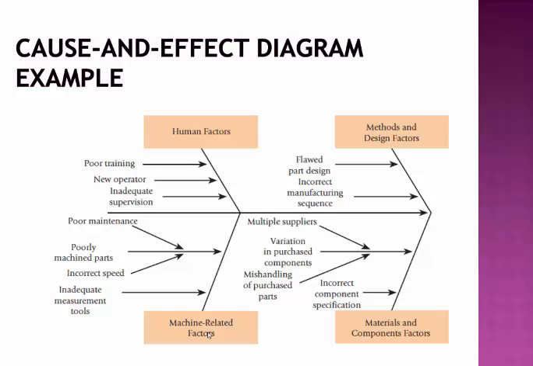Could it be something to do with our machine? Are they not being maintained properly? Are the machined parts being done poorly? Is it operating at the wrong speed? Many machines have to be run slow or fast, depending on what they're doing. So could somebody have it cranked up too much or running it too slow, and that's what's making the copiers produce a fuzzy and unclear copy?